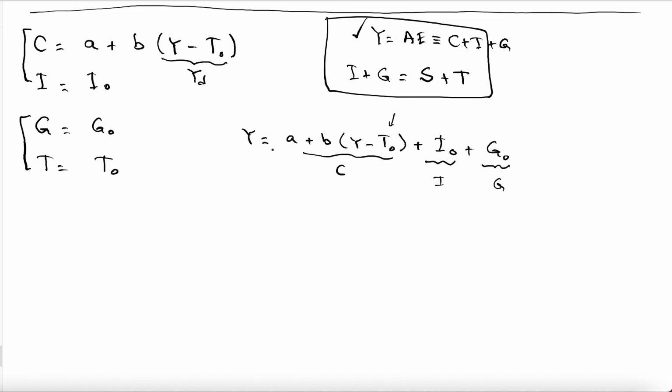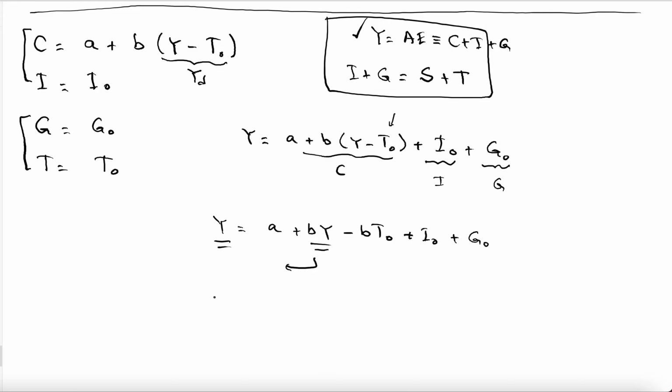So let's solve it. Y is going to be equal to A plus BY minus BT0 plus I0 plus G0. So these are the only unknowns.